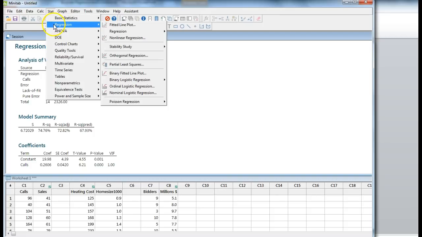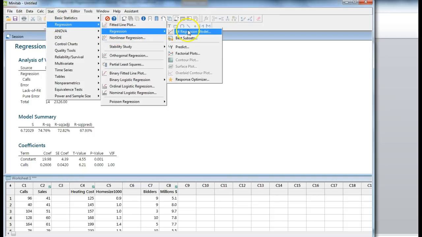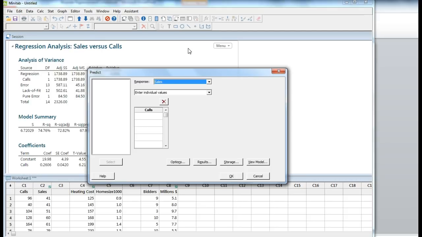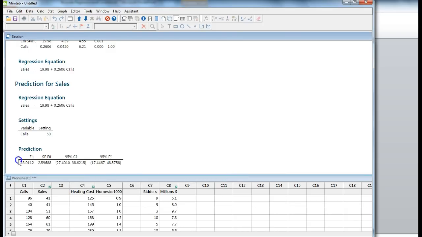Stat, Regression, Regression, Predict. So now we're going to be predicting y for a particular value of x. For calls, I'm just going to put in 50. If calls were in tens, then I would put in 5, but calls are just calls. So here, my fitted value, there's my y hat, and here's my 95% confidence interval, and here's my 95% prediction interval.